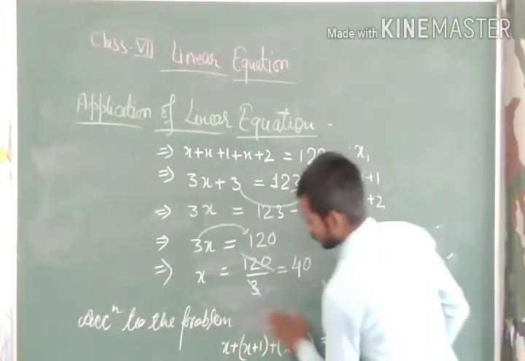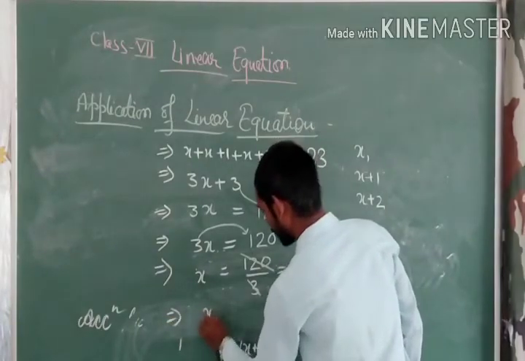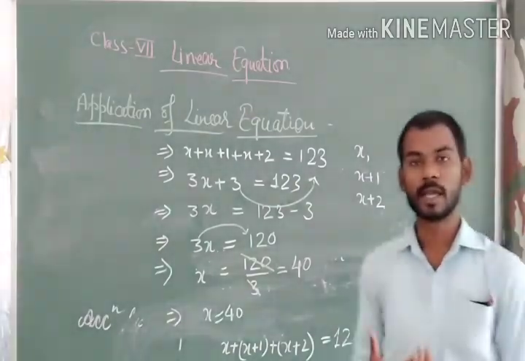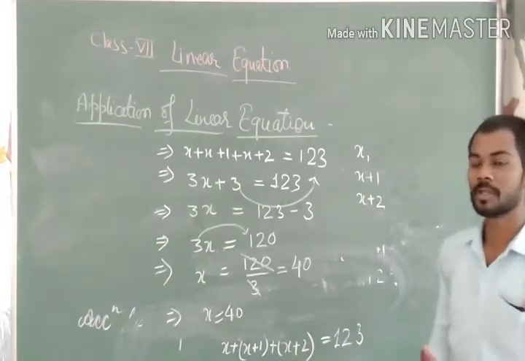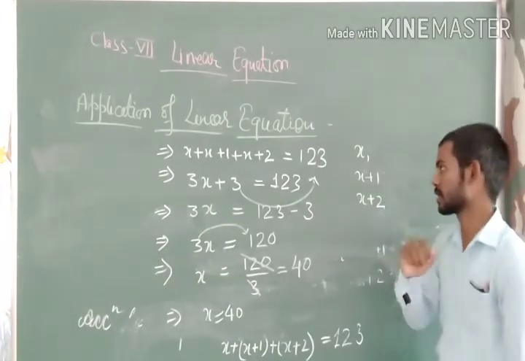So we now solve. We get x is equal to 40. What is x? x is the first integer, x plus 1 is the second integer and x plus 2 is the third integer.